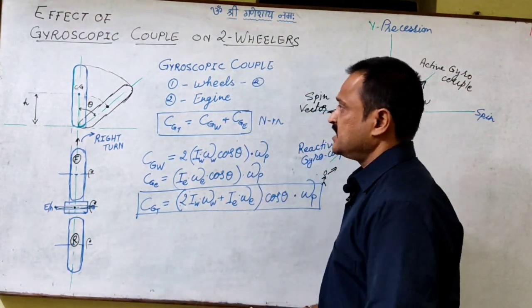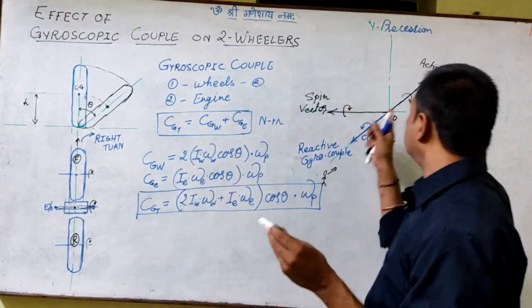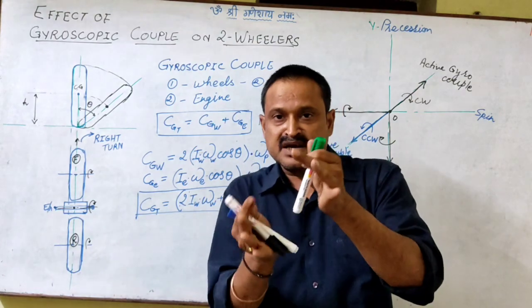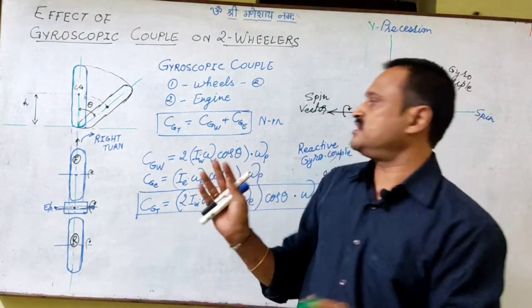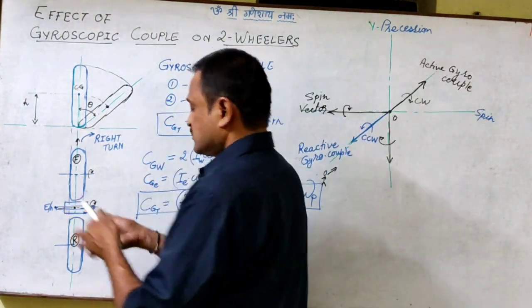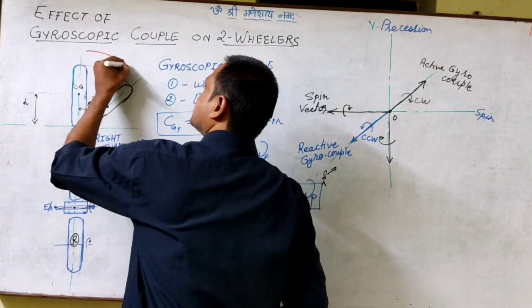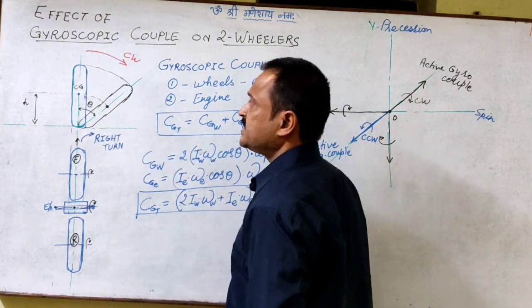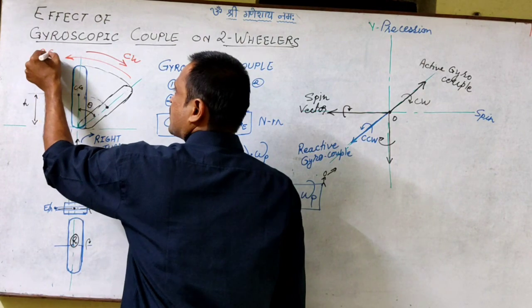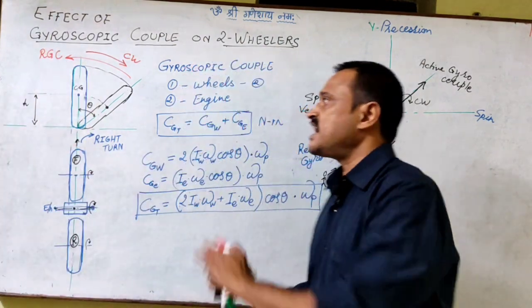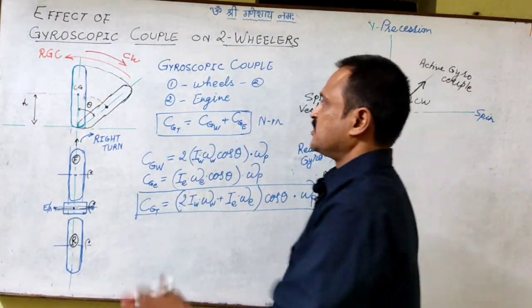So what is happening is the active couple, that means the shaft of the wheel, is trying to turn clockwise, but the entire frame of the two-wheeler is trying to turn counterclockwise. The active gyroscopic couple is in the clockwise sense, and the reactive gyroscopic couple acts counterclockwise, so it is adding into the overturning couple.